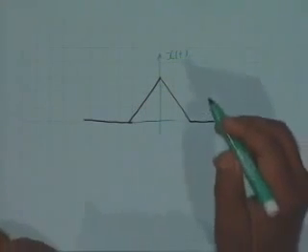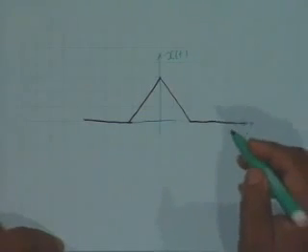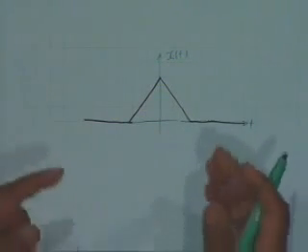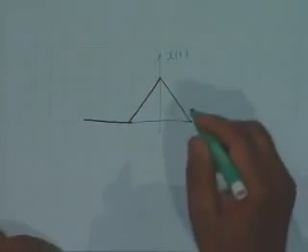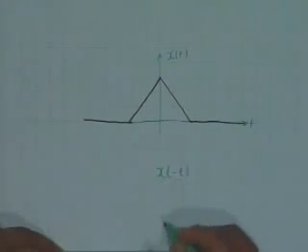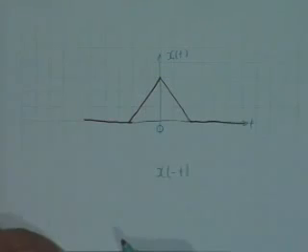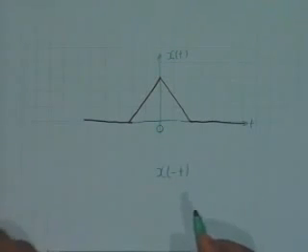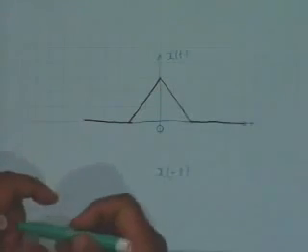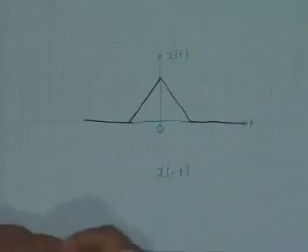Now, if I flip this signal, if I turn it over, or let's say if I wish to make x of minus t, and if this is 0, does the shape change? No, it doesn't change.